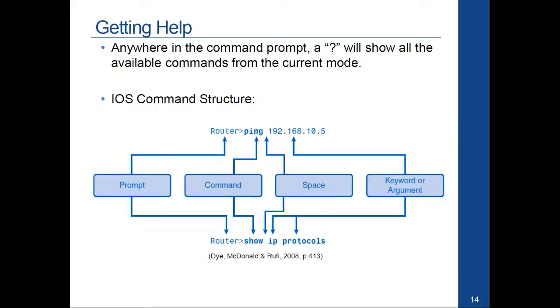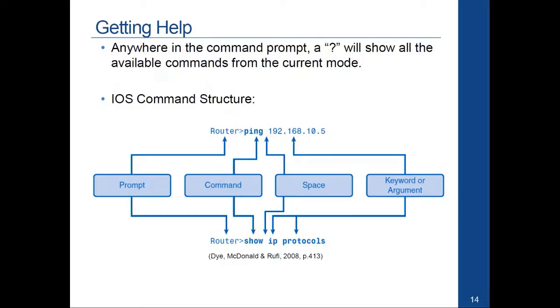So there is another very helpful feature in Cisco IOS. If you give a question mark anywhere in the prompt, it will show you what are the available commands after that. So you can give a question mark after typing part of a command. So it will show what are the other options available, or how you may be able to complete that command.